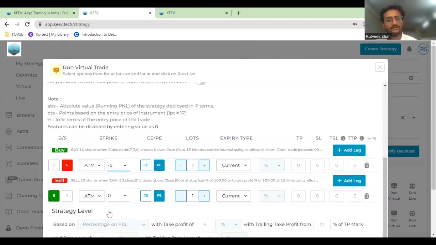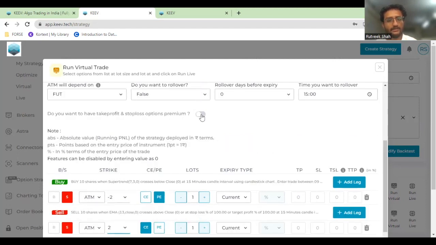And here for the sell, similar ideology, just the call instead. We don't want to have a stop loss or take profit for the individual legs, but we want the same for the entire strategy. So for that, we'll toggle here and click on yes.